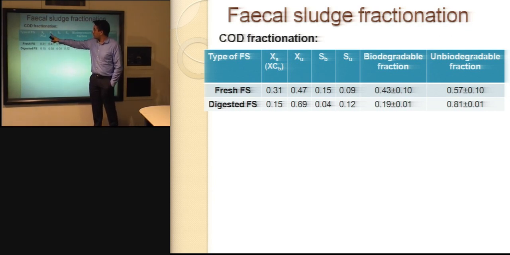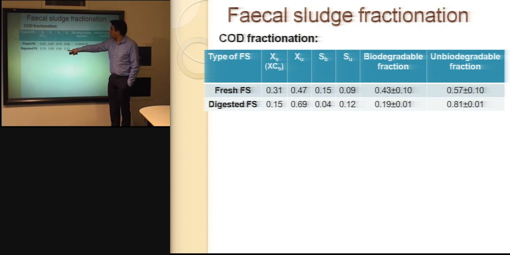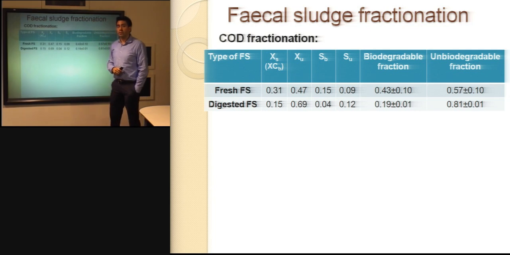However, this particulate fraction that is not degradable will not be able to be removed and will mostly accumulate in the system because it cannot be used by the organisms, but it will accumulate since it is suspended and particulate in the system. While this one that is soluble, unbiodegradable, will basically just float, get dissolved in the system, and leave through the effluent, having the strongest impact on our effluent quality.